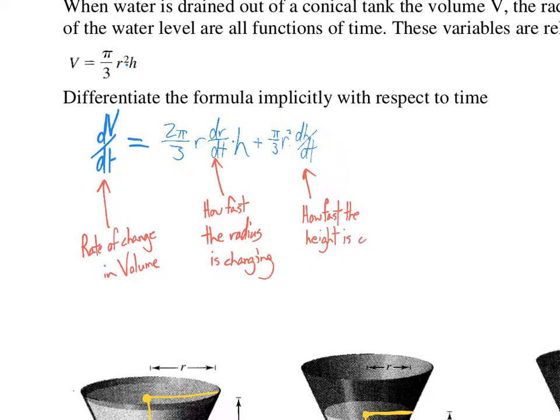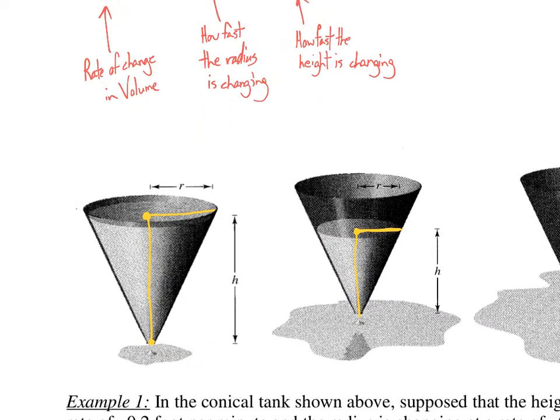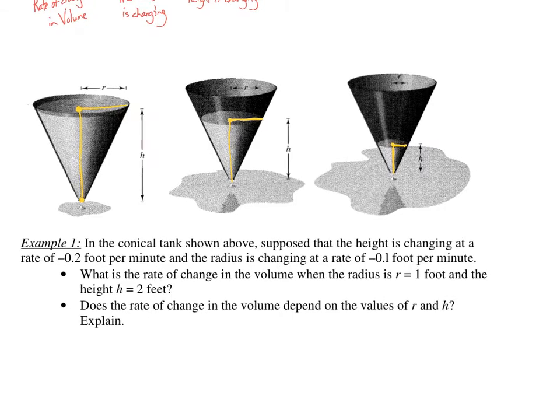So, as we look at a problem like this one, let's look at the kinds of information that we would be given. Here, it says that our height is changing at a rate of negative 0.2 feet per minute. What does that represent?